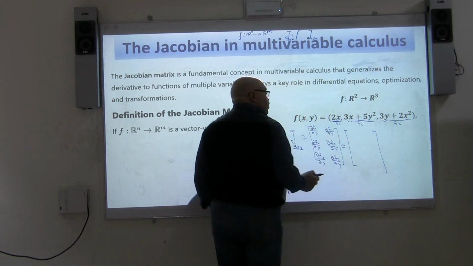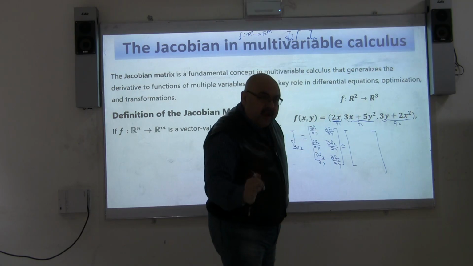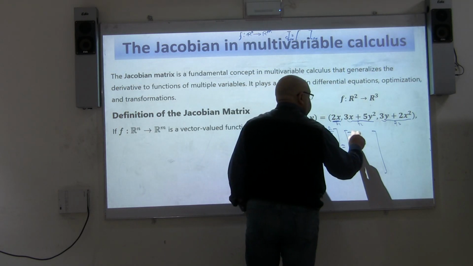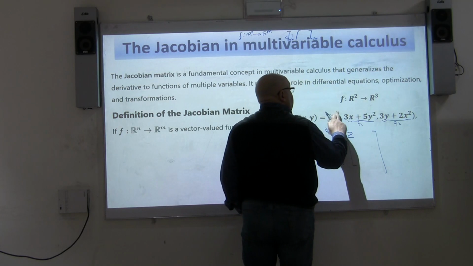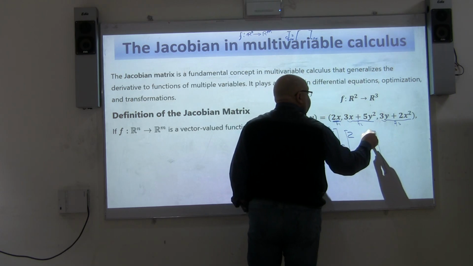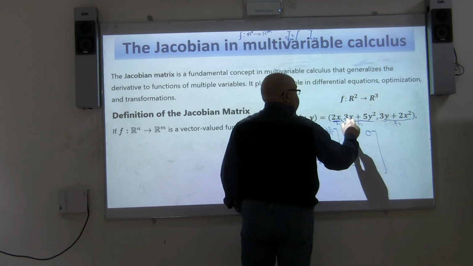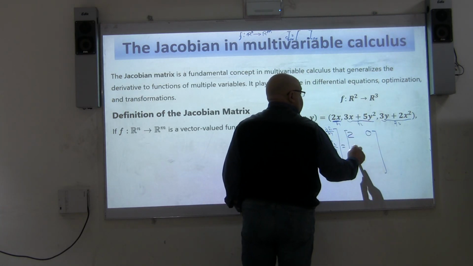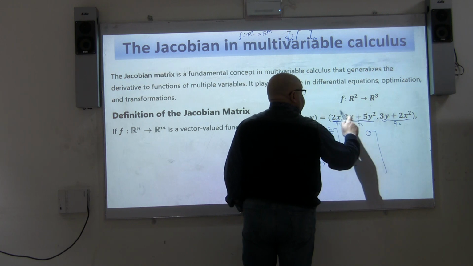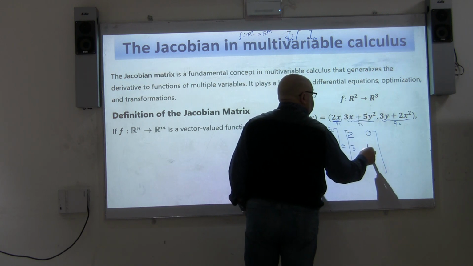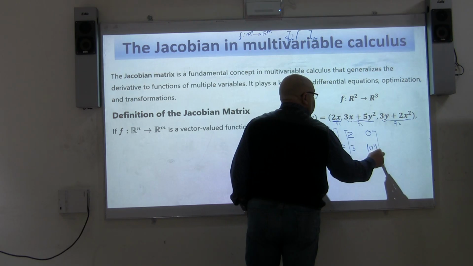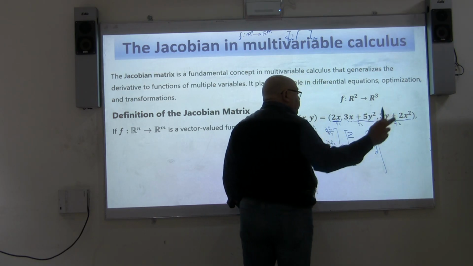This is the first function. Differentiate with respect to x, it's going to be 2. Do you have y? So the derivative with respect to y will be? Okay, go for the second function. Differentiate with respect to x, which is going to be? Differentiate with respect to y, which is going to be? For the third one, do it on your own.